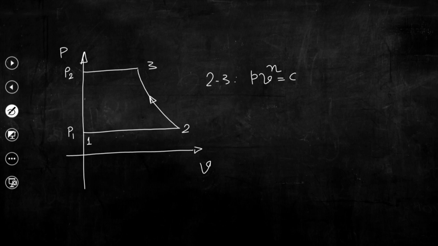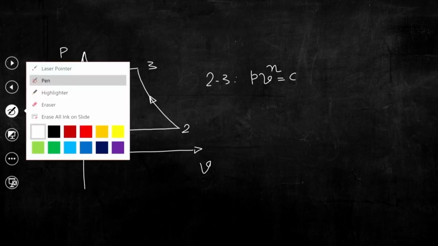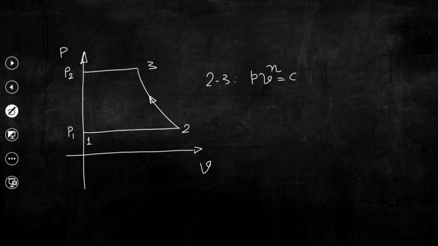What is done here? Say, it is compressed in the first cylinder up to an intermediate pressure, say this is the intermediate pressure, 3 prime.